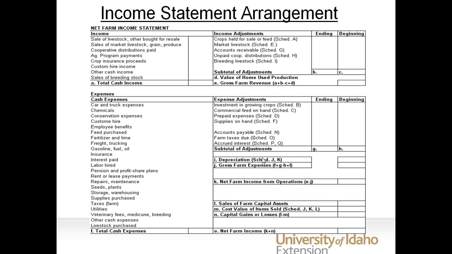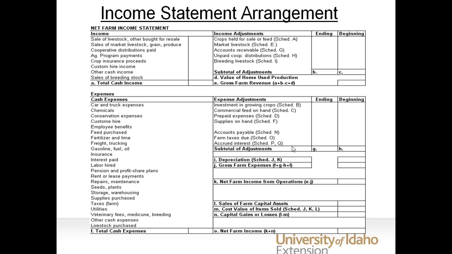And depreciation stays the same under both, so it's the depreciation value. That gives you your gross farm expenses, and you take that from the gross farm revenue and get your net farm income from operations. And then if there are any sales or gains from capital assets, they're included, capital gains and losses, to give you net farm income.